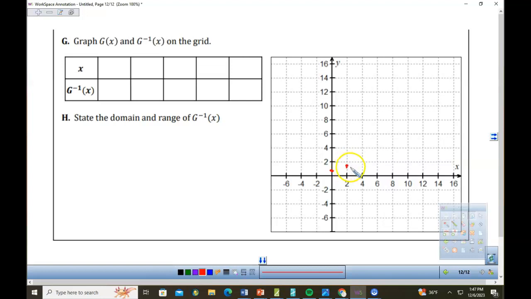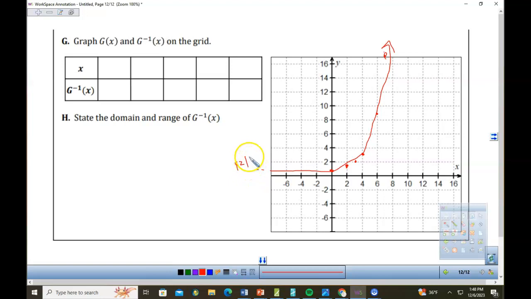Oh, that'd be up here a little bit. (3, 2), (4, 3), (6, 9), what's it go up to? (7, 17). Let's do (7, 17). And it's going to have an asymptote at 1. Good enough. Y equals 1 asymptote.